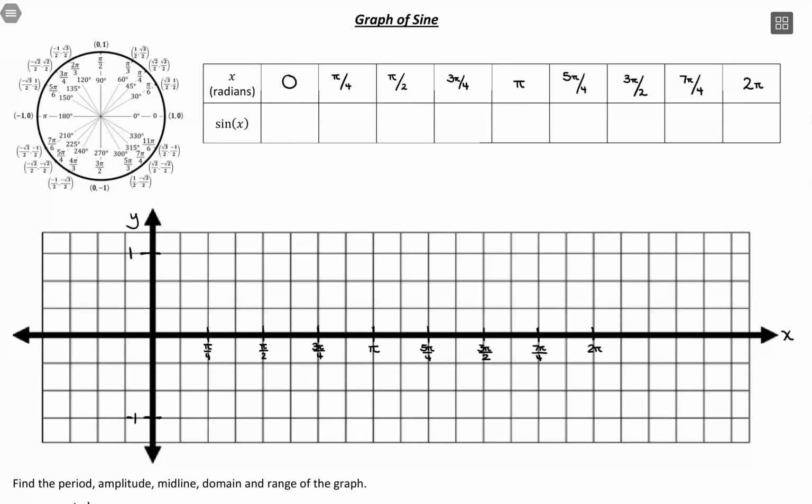This can be in radians or degrees. Typically we'll be working in radians, so you'll be seeing that a lot, but we could translate these to degrees and it would be the same shape.